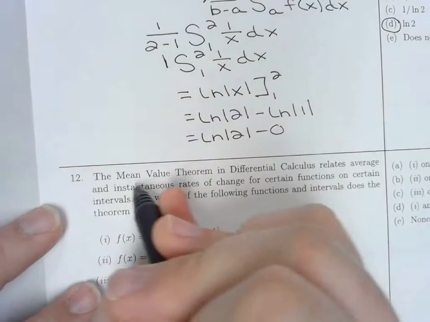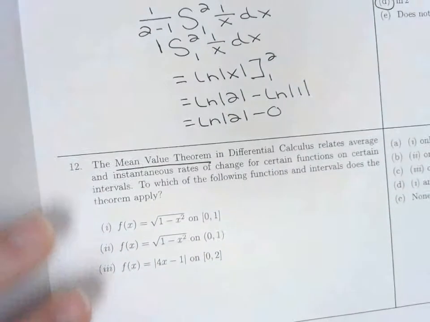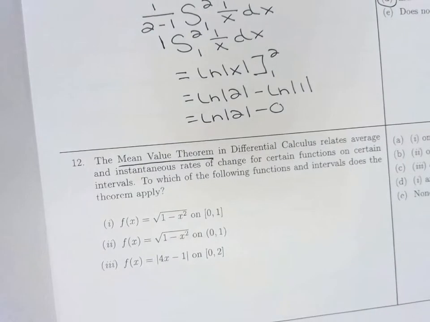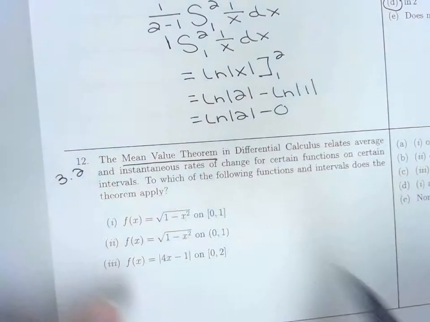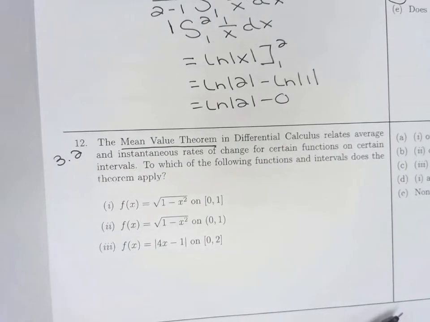12. Mean value theorem. It has shown up a lot. It's going to be on the theorem quiz. What section did I say it was in? 3.2. So section 3.2 again. The mean value theorem in differential calculus relates average and instantaneous rates of change for certain functions on certain intervals. To which of the following functions and intervals does the theorem apply?